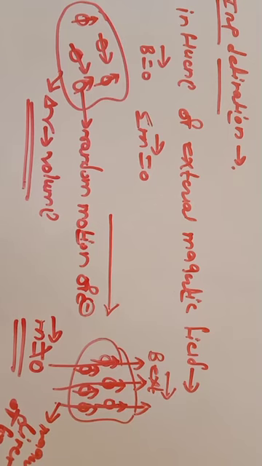It can pass magnetic lines of force through it in the case of B external. So the magnetization is not equal to 0, and the net magnetization is not 0. This is the actual phenomenon, the effect of an external magnetic field: the random motion of electrons gets aligned with the external magnetic field.